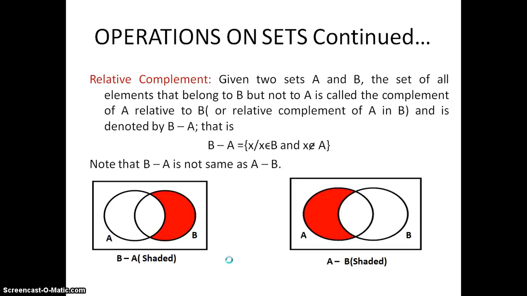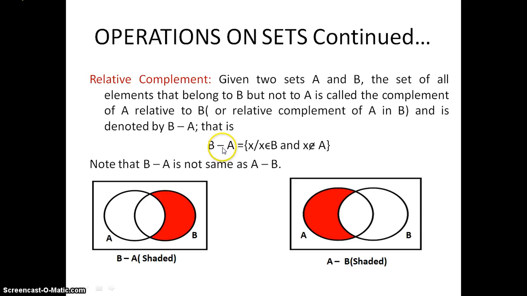That is the same as the relative complement. Given two sets A and B, the set of all elements that belong to B but not to A is called the complement of set A relative to B, or relative complement of A in B, and it is denoted by B minus A. That is, B minus A is equal to {x such that x belongs to B and x does not belong to set A}.